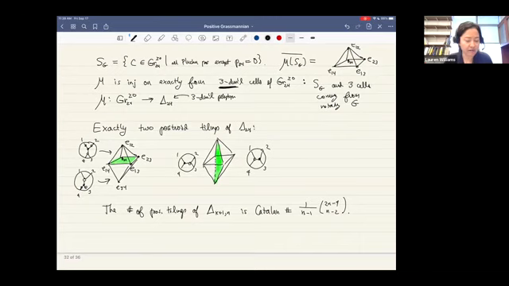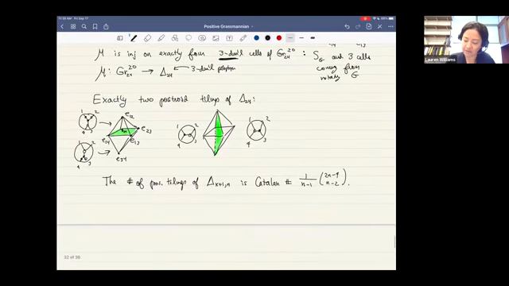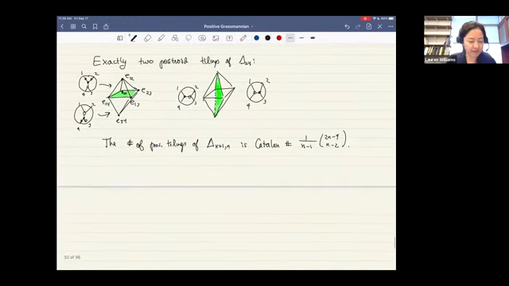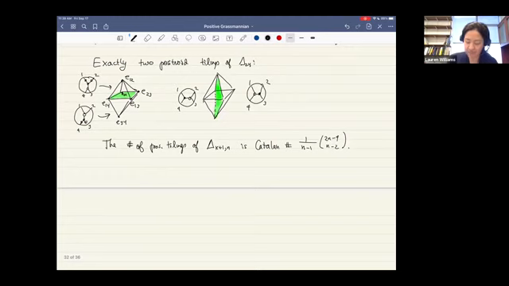Okay, so we saw Catalan numbers when we looked at positroid tilings of the amplituhedron A_{n,1,2}, and we see Catalan numbers when we look at positroid tilings of the hypersimplex. And this is not a coincidence, and it generalizes further.